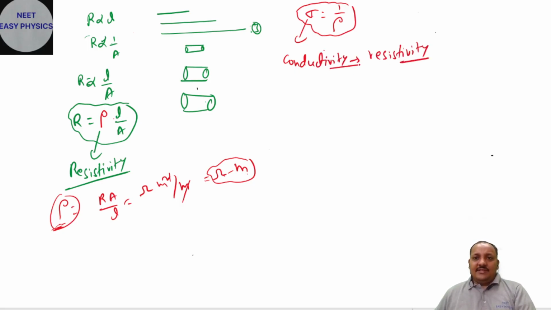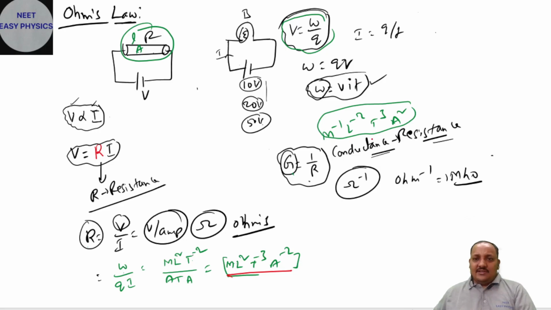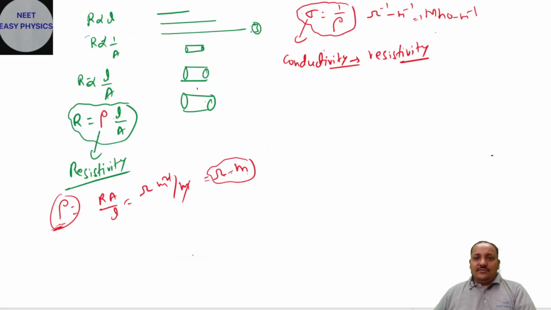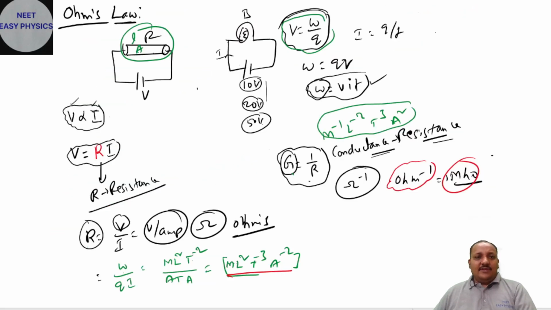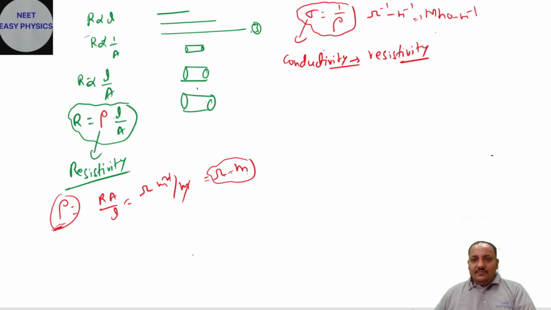Its units are ohm inverse meter inverse, or mho per meter. For conductance also the unit is ohm inverse, mho. Some people also use siemens. All are the same thing.